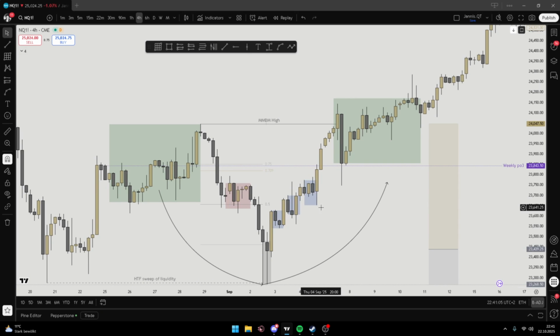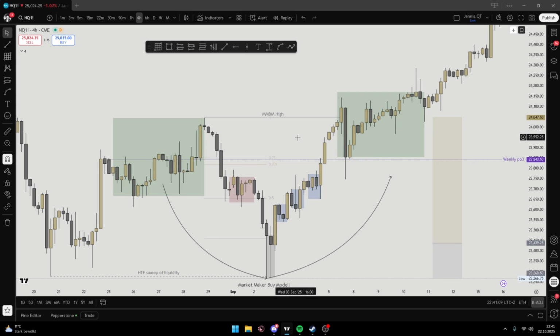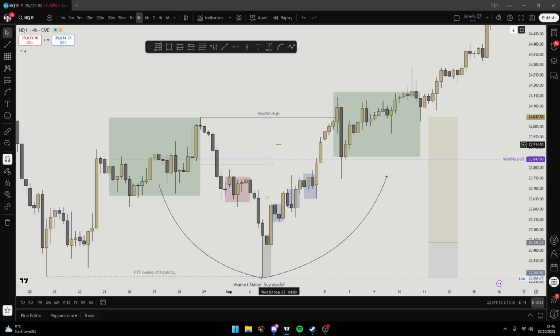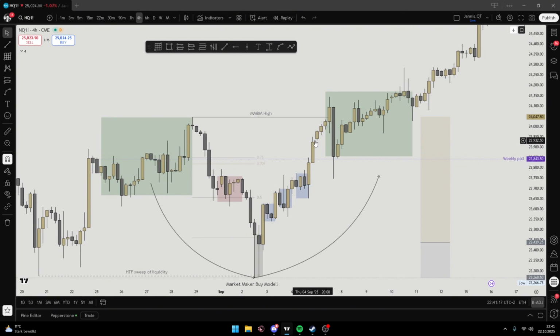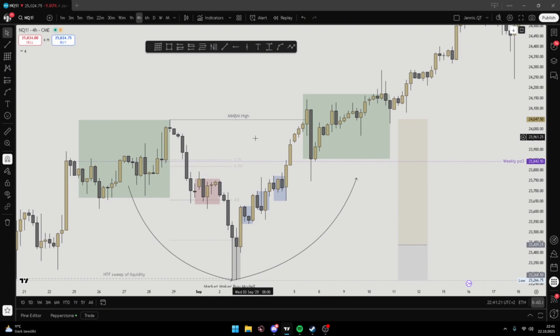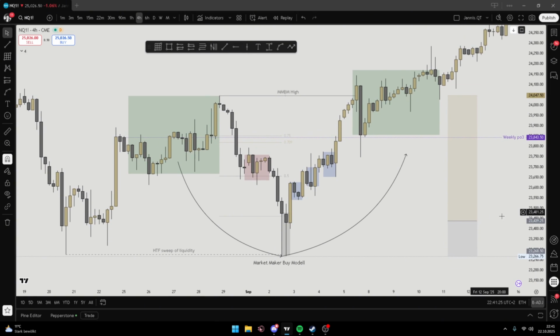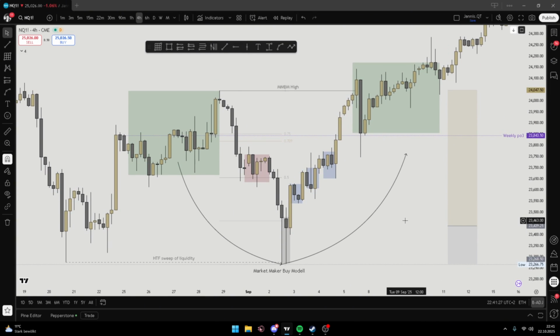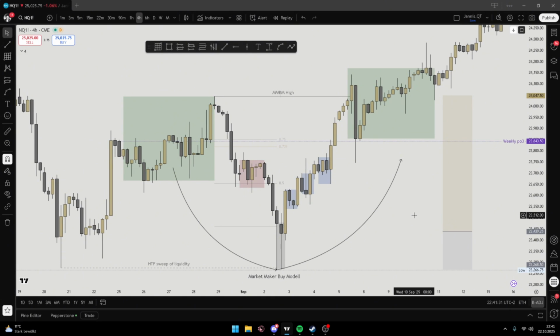And then we just got buy side delivery till the market maker buy model high, which is also the previous week high, because this is a whole week that's gone by. And as you can see, we have strong bullish buy side delivery, and after we hit the market maker buy model, guess what happens? Re-range, because we don't have a market maker buy model at the moment. So that is one good example of a market maker model.